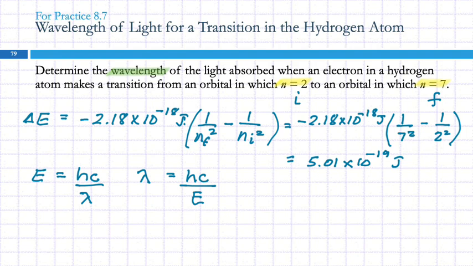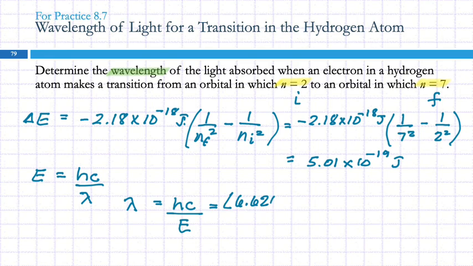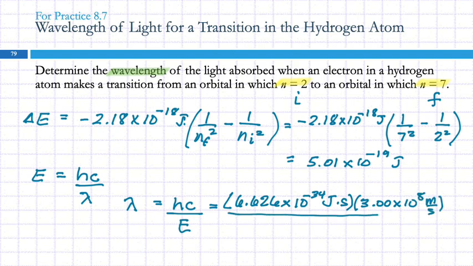So this photon comes in. We want to know the wavelength of this photon. So that's going to be h times the speed of light divided by this energy.